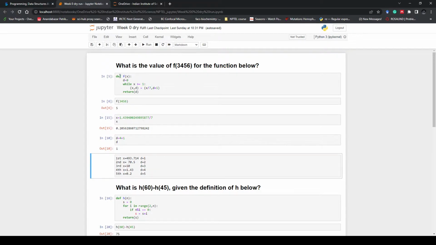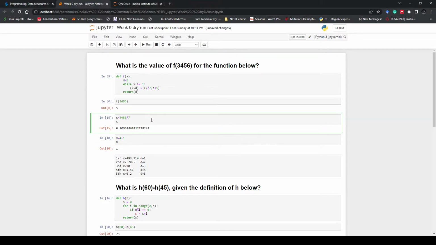So it's a while loop, and I'm running the function for the first time. After the first run, x will be 3456/7.